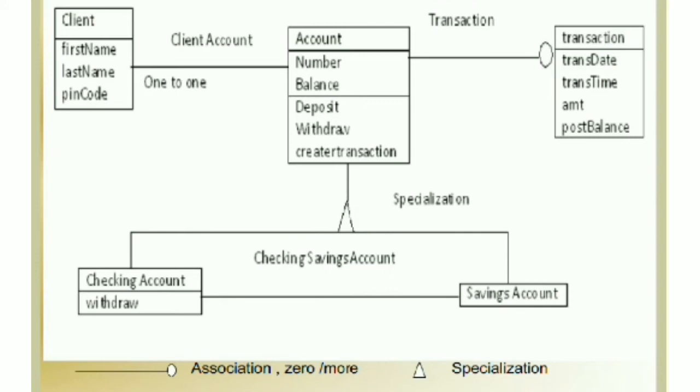So associations are shown. Along with that, in this diagram a specialization is also shown. So different classes are connected with each other. Classes have a relationship between them and that relationship is known as an association. There are types of relationship that we are going to learn under the class diagram.